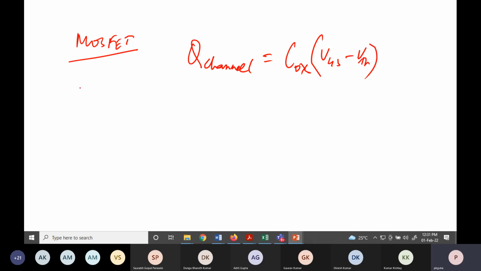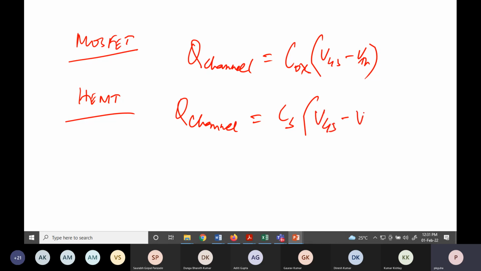Similarly in case of HEMT, we can write Q channel is equal to CS times VGS minus V off, because V off is the threshold voltage of the HEMT, and this CS here is epsilon_r epsilon_naught by A. So the lower the A is, the higher will be the capacitance.